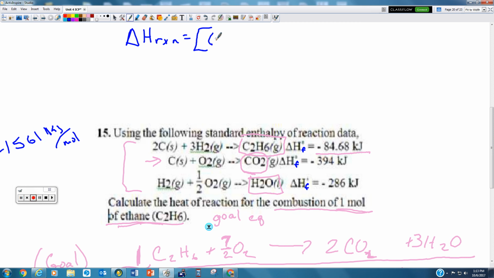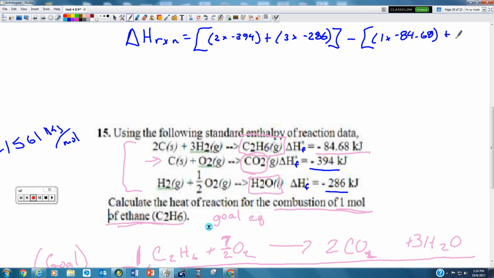So we have 2 moles of CO2, so 2 times, and looking at my table, I have a negative 394, plus 3 moles of H2O, so 3 times, looking up H2O is negative 286 on here, minus our reactants, and our reactants were ethane, so that's 1 mole, so 1 times negative 84.68 plus O2 gas.